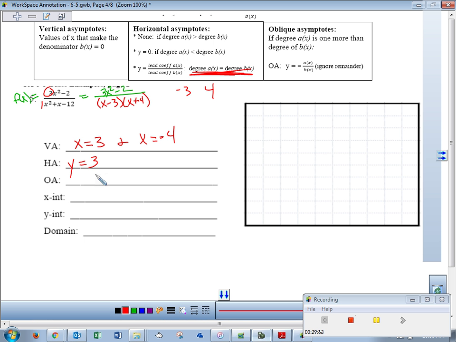Nice? If there's a horizontal asymptote, will there be an oblique asymptote? Sweet. X-intercept is where the numerator equals 0. Fun stuff. 3x squared minus 2 should equal 0. Since there's only x squared, my job is to get x squared all by itself. Add 2 to both sides.